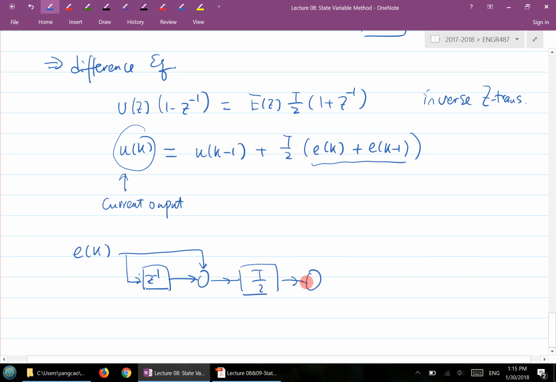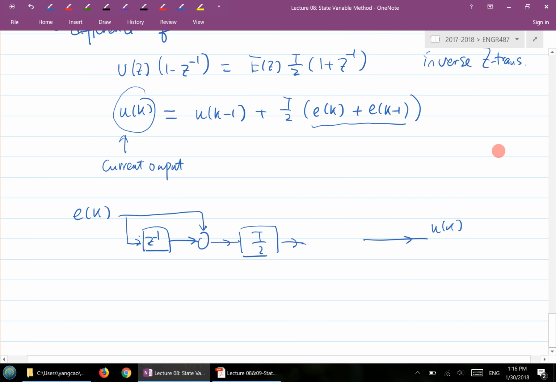And then in order to get the output here, let's say this is your output, u of k. Your output u of k is the signal here plus u of k minus 1. So this is plus, plus. Now you get a simulation diagram.